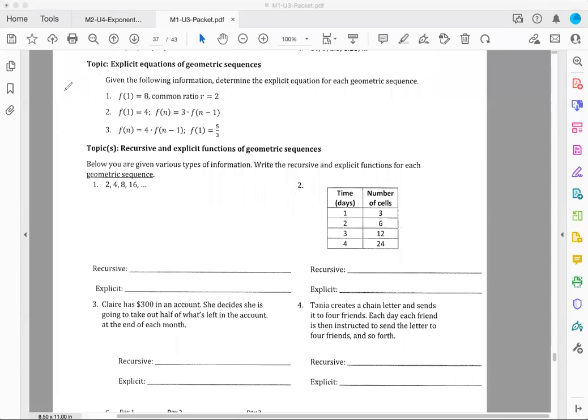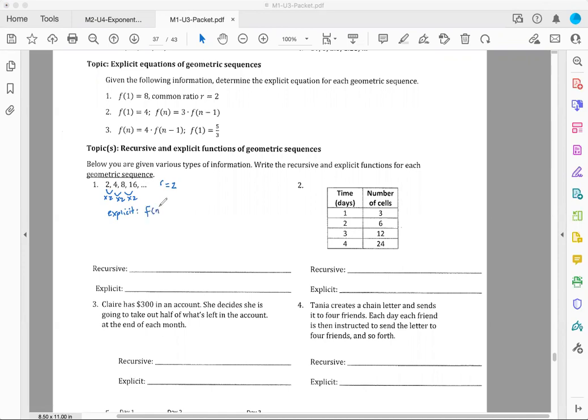So for the first question, we have a sequence of numbers, and we can see we have a geometric sequence with a common ratio of 2. If I were to start with explicit, the explicit formula states this.